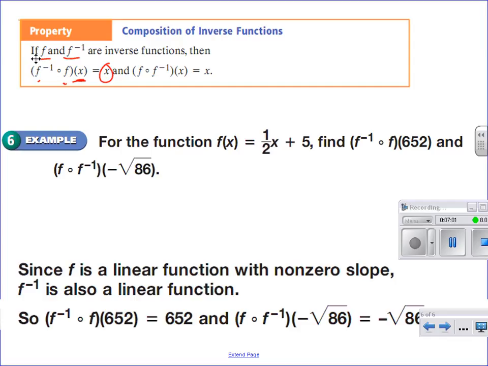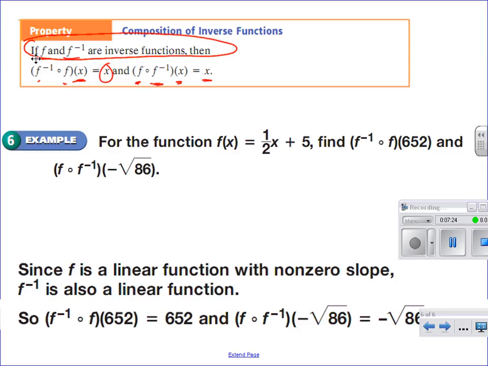And it's got to work in both directions. So the original composed with the inverse should also be x. If f and f inverse are inverse functions, then this is what we've got. So how do I use this?